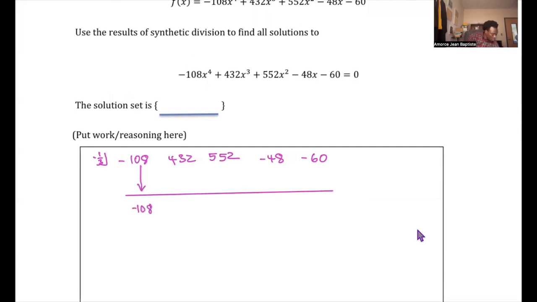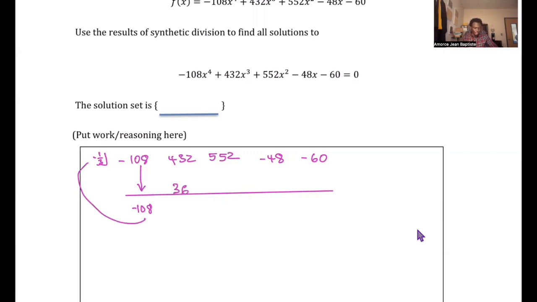Multiplying negative 108 by negative 1/3 is like dividing by negative 3, which would give a positive number, 36.